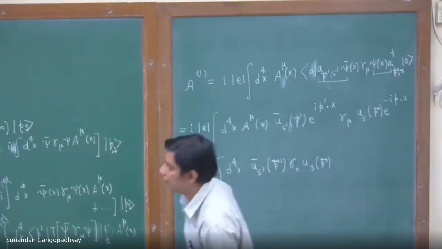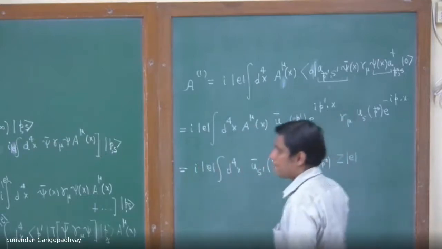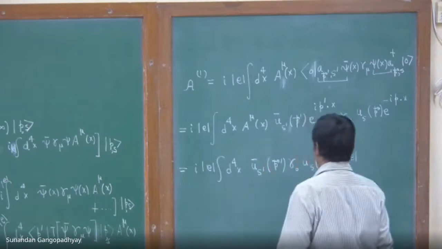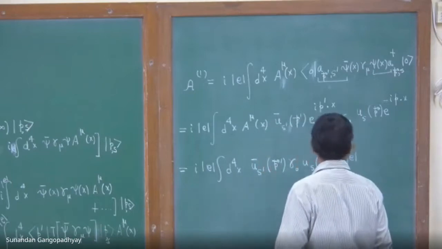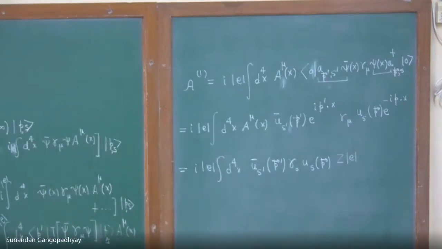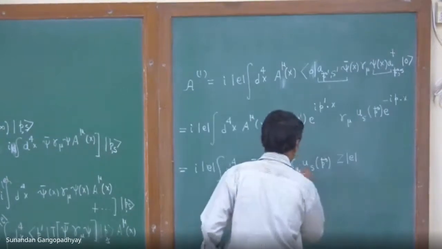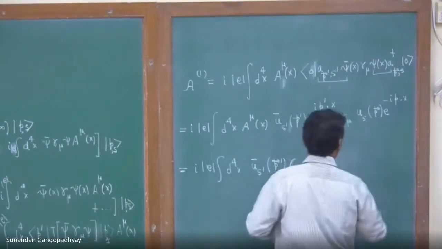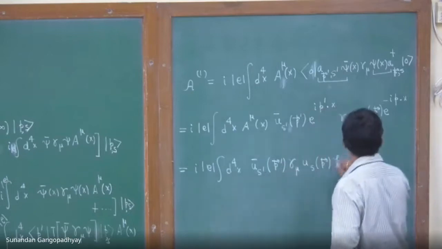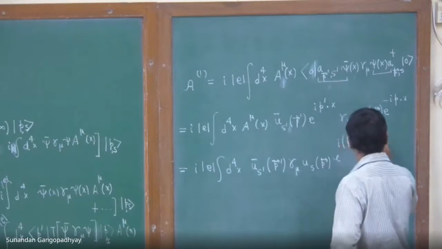So here we have to be careful. What I shall do is let this be non-use with this will be e to the power of i p prime x.